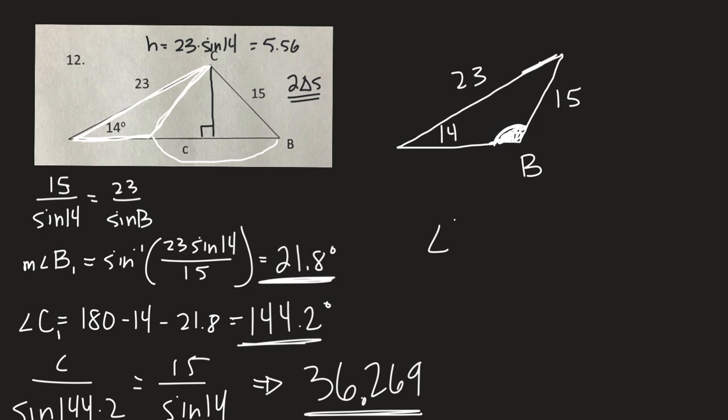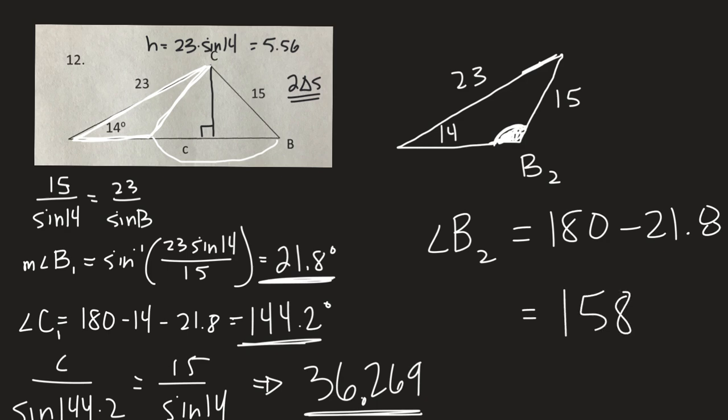Okay, so angle B2 is always 180 minus what we calculated for B1. Always 180 minus 21.8. B2 is now the obtuse angle, 158.2. Okay, C2 is still subtracted from 180, all the other angles.